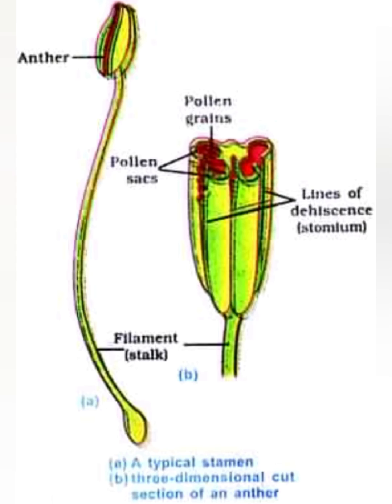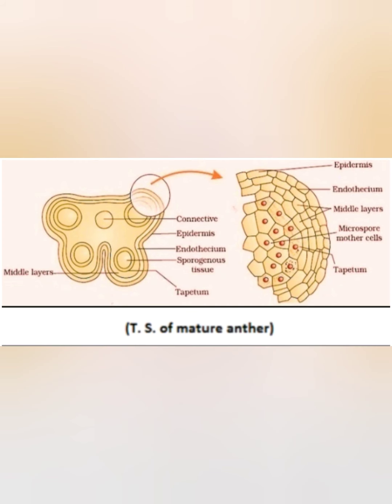With this, I'll stop today's class. Let us recap what we have studied today. We have studied the structure of the androecium, in which the stamen is made up of the anther and the filament. Then we studied the transverse section of the anther and an enlarged view of the microsporangium and its different layers.